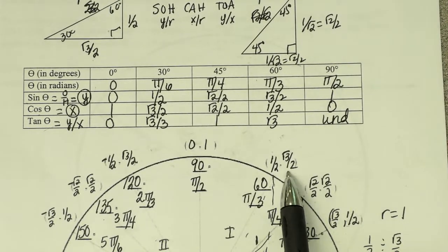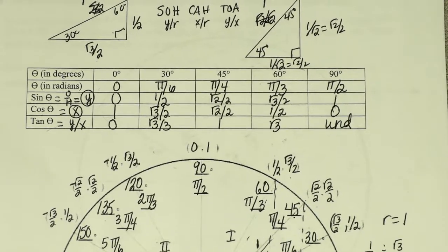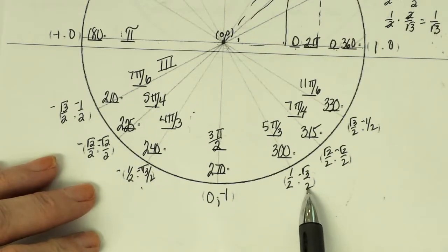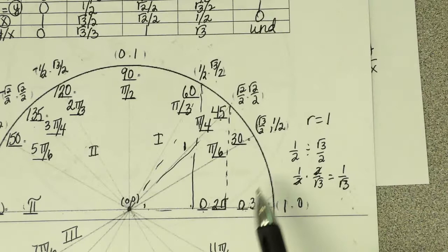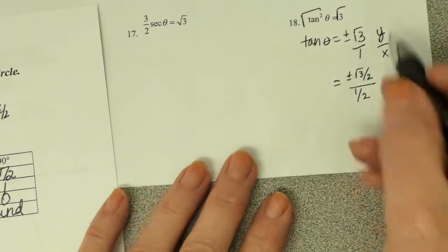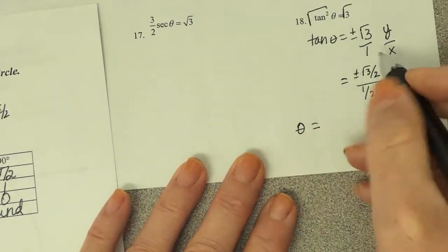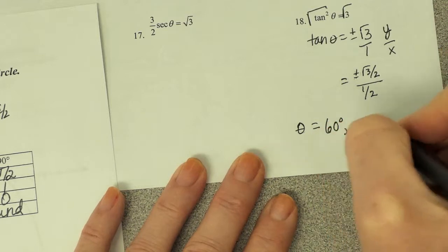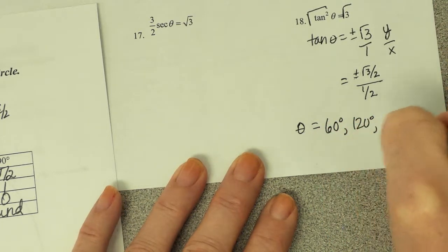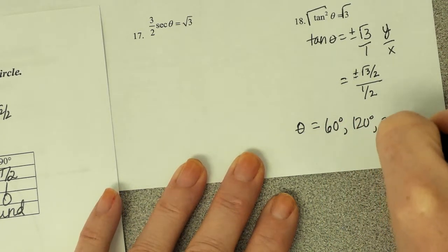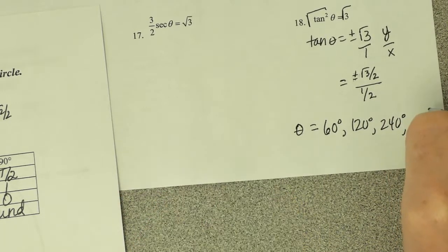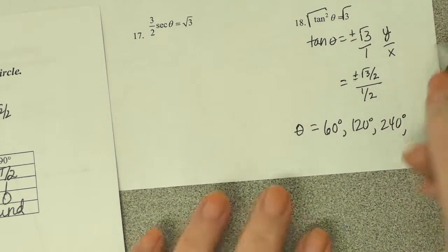So it's here, here, here, and here. So all those places. So that's going to be theta could equal 60 degrees, 120 degrees, 240 degrees, or 300 degrees.